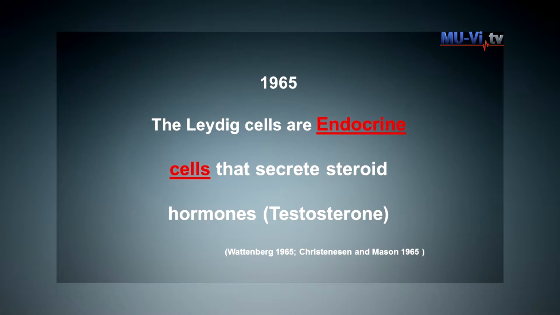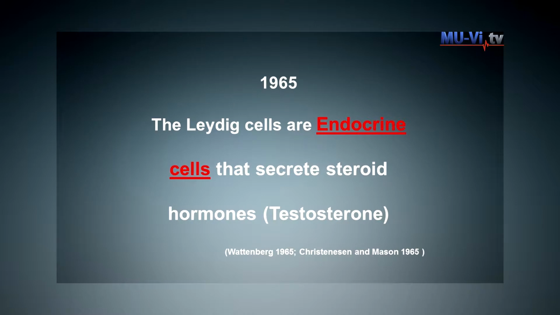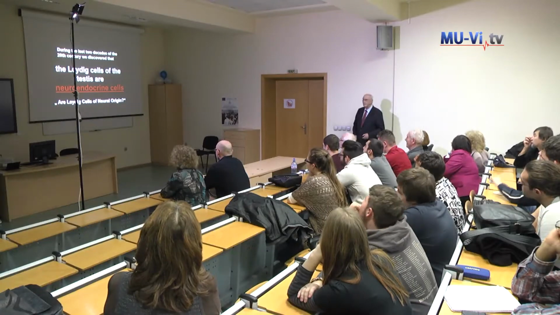More than 100 years passed until we got information about the functional significance of the Leydig cells. By means of enzyme histochemistry and biochemistry, it was established that the Leydig cells are endocrine cells, and they secrete steroid hormones, most of all testosterone.